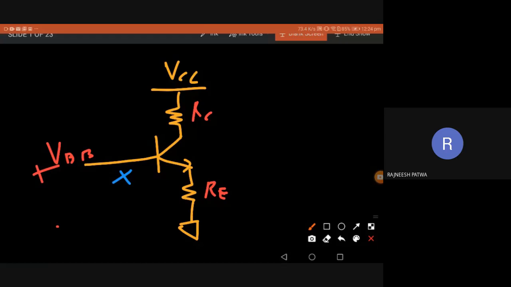Okay, we'll try to apply Kirchhoff's law here. VBB has to be dropped across VBE, and the same voltage is dropped across RE also.